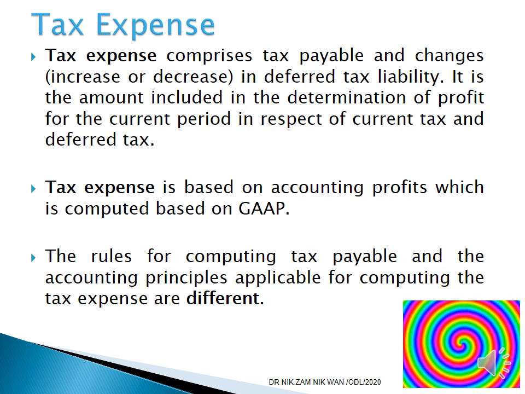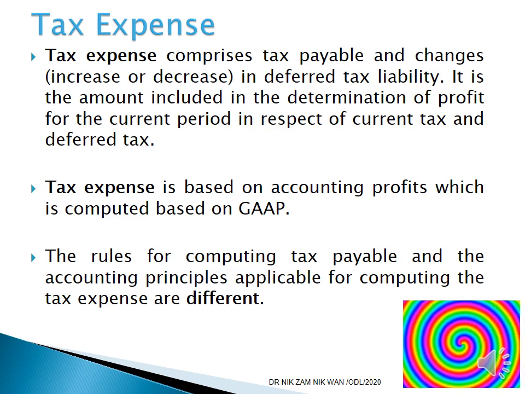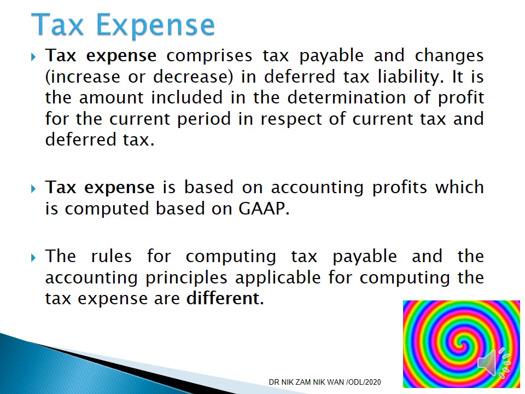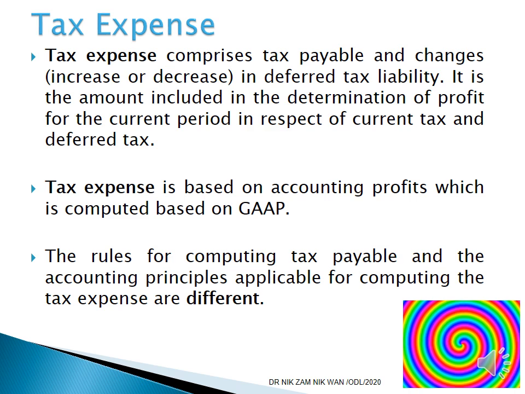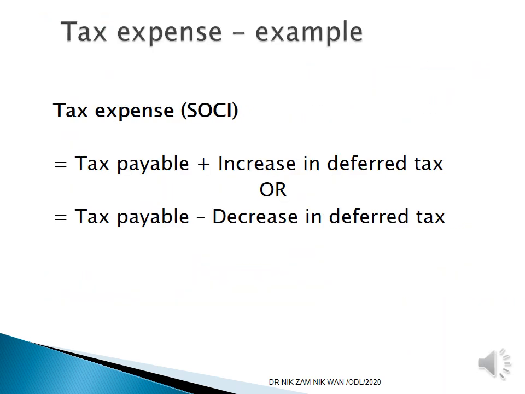The rules for computing tax payable and the accounting principles applicable for computing the tax expenses are different. So the tax expenses that you show in your statement of comprehensive income is either tax payable plus increase in deferred tax or tax payable minus decrease in deferred tax.